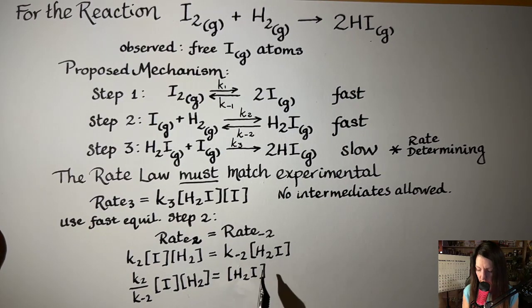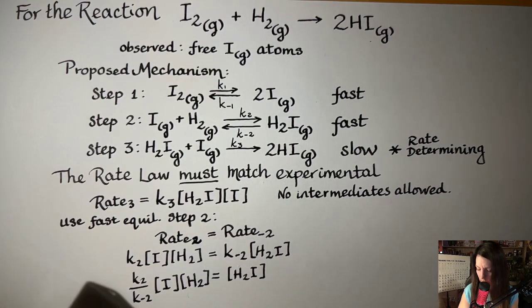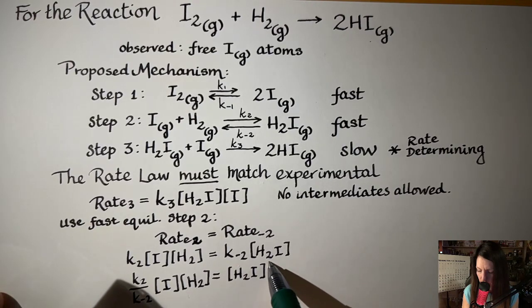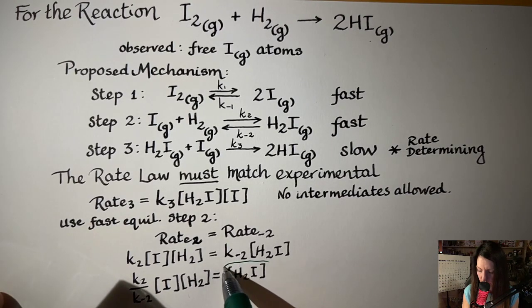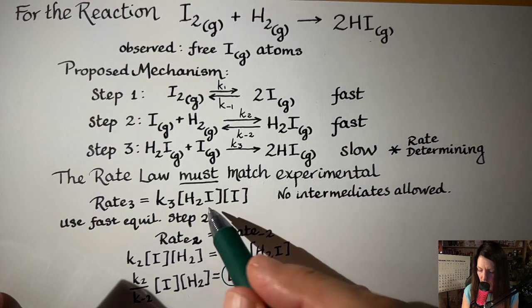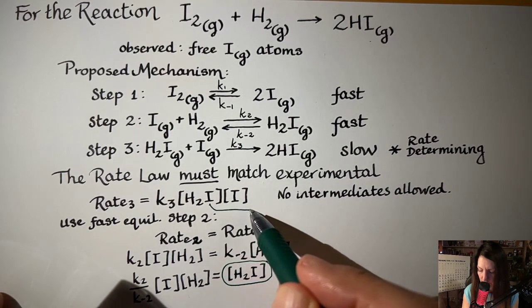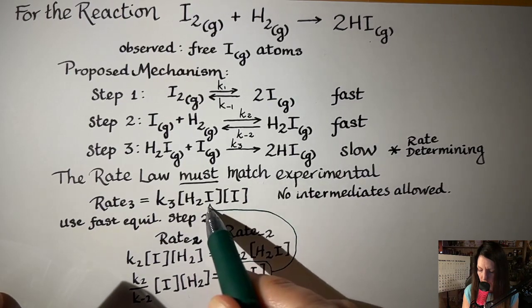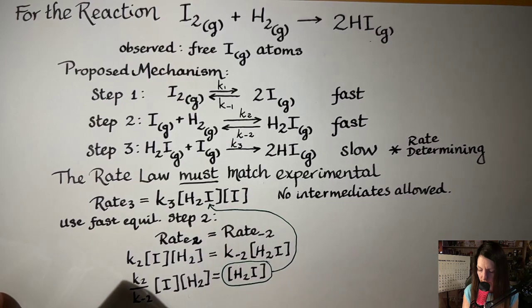Okay. So now that allows us to grab this other color. We can now substitute this H2I into here in our rate law.